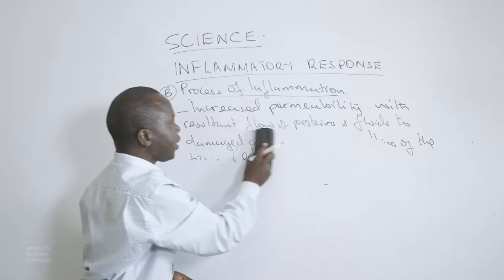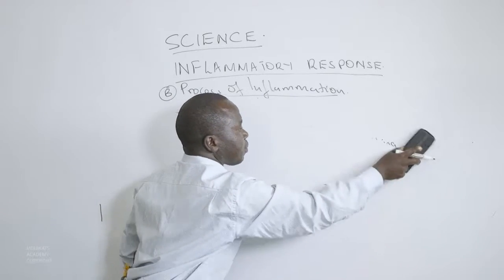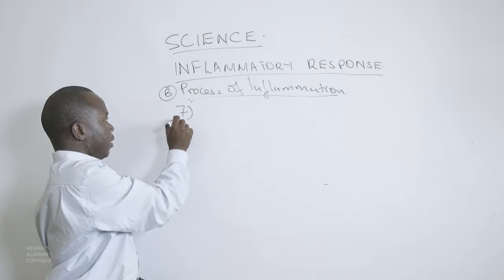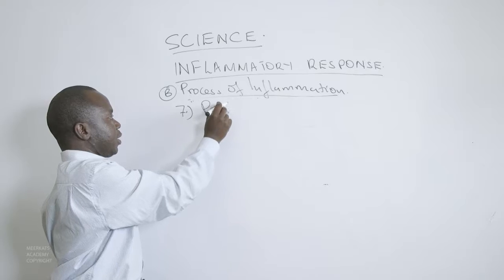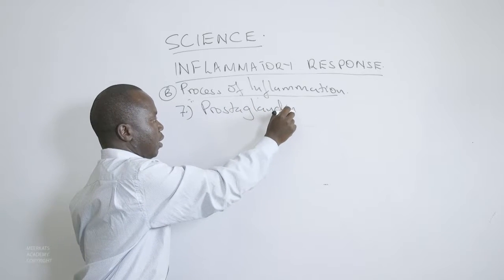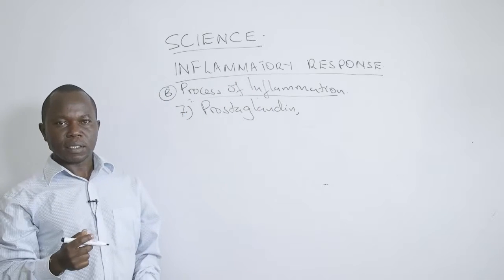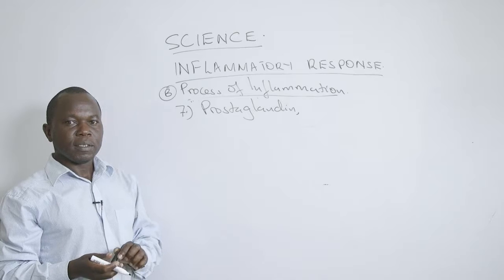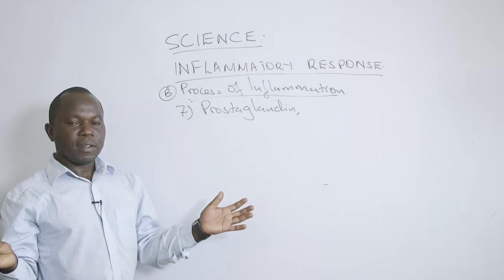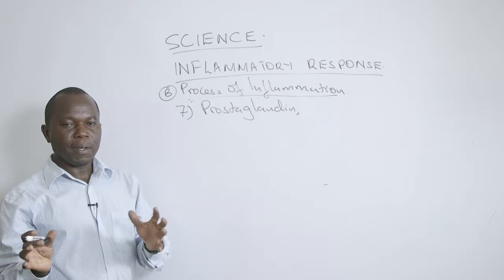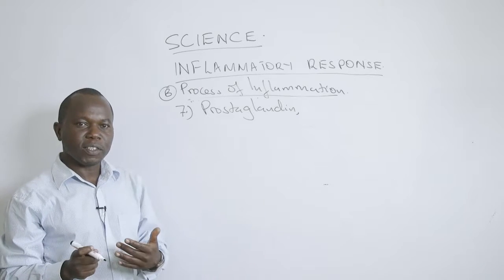The other mediator is prostaglandin. Prostaglandin is a hormone. Prostaglandin will now come in because the blood vessels have increased in diameter, the lumen, allowing more blood to flow in the area.